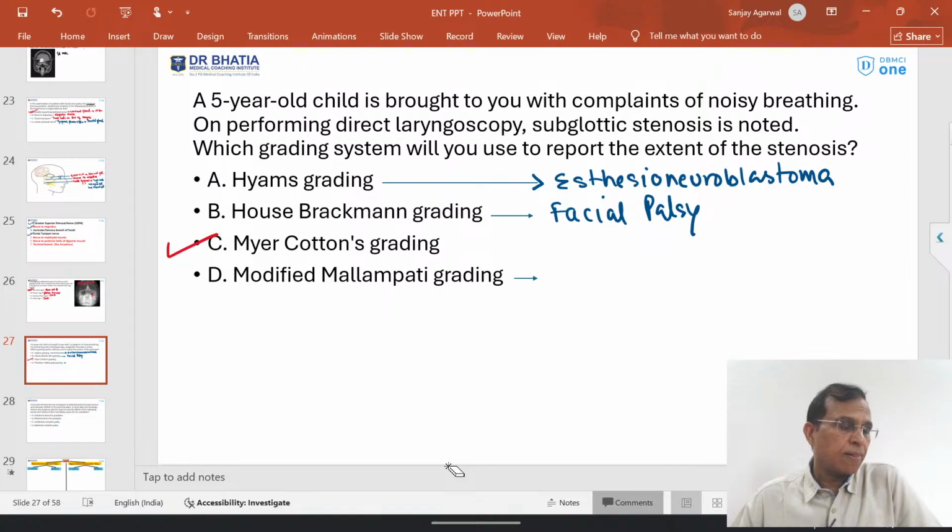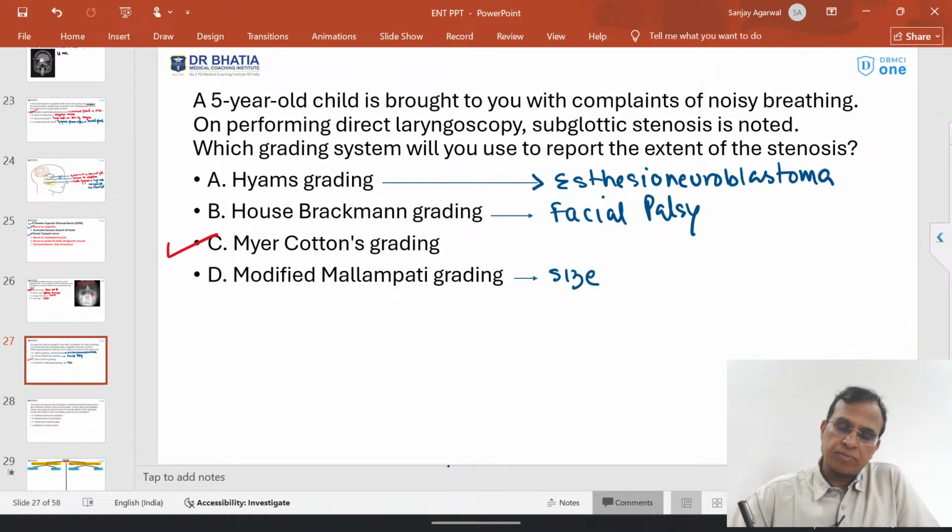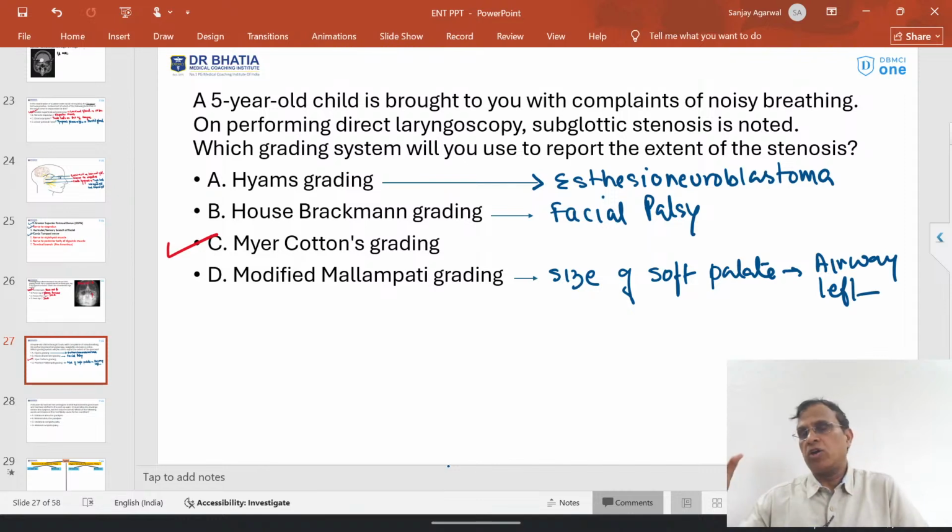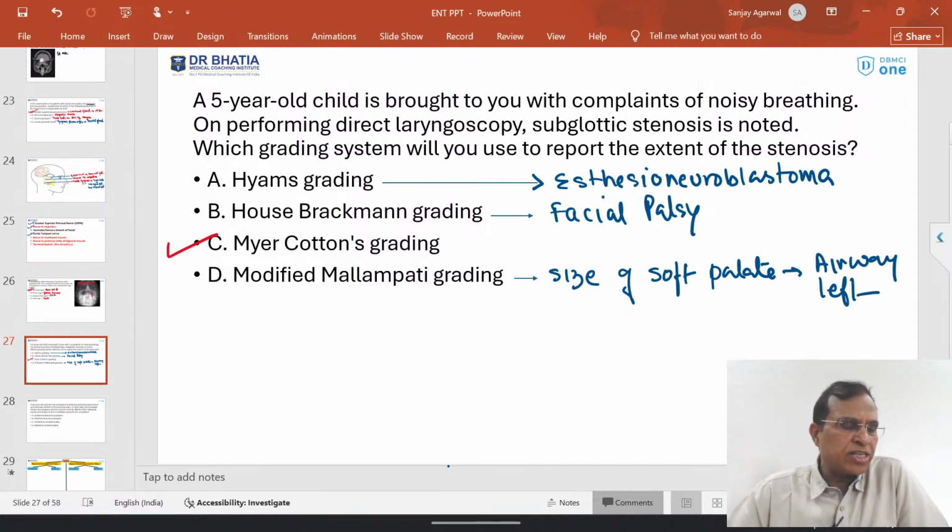This is the size of the soft palate, and because of it, how much airway is left, since if the palate is big the airway will be small. So it is based on that, for intubation.